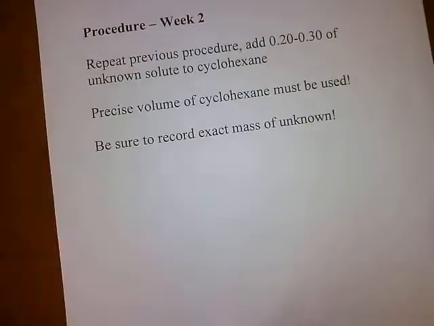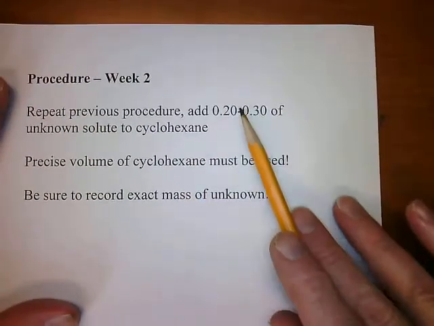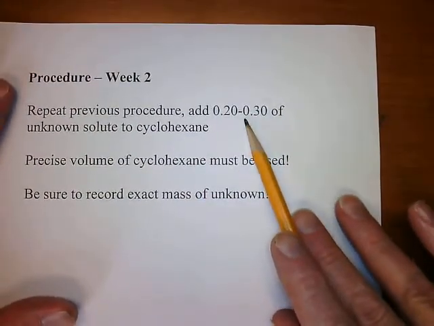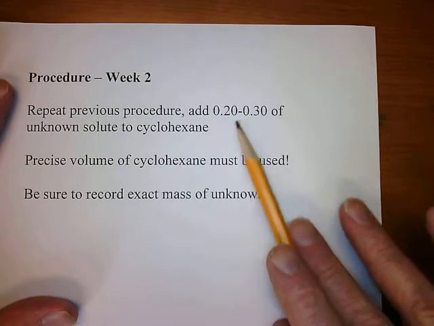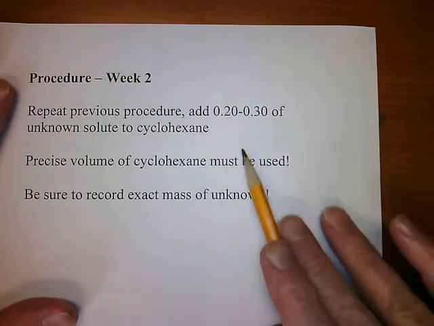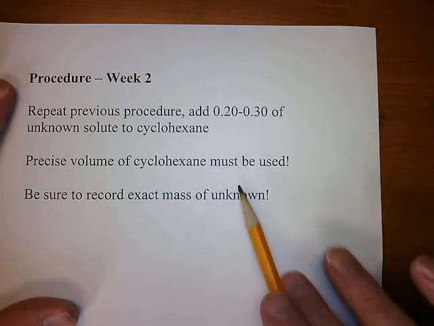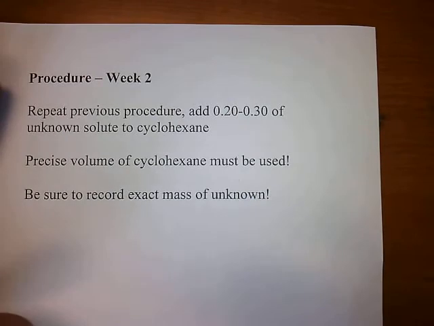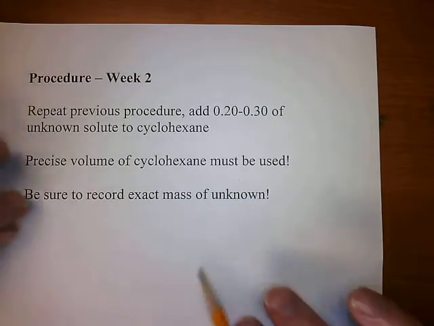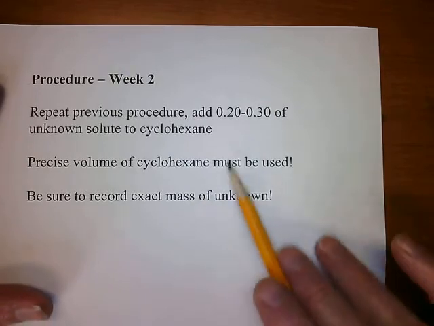And then the second week, you will do almost exactly the same thing, except we're going to add 0.2 to 0.3 grams of an unknown solid. This time, a precise volume of the cyclohexane must be used. So that 10 mLs needs to be measured as accurately as possible, and you're also going to record your exact mass of the unknown.